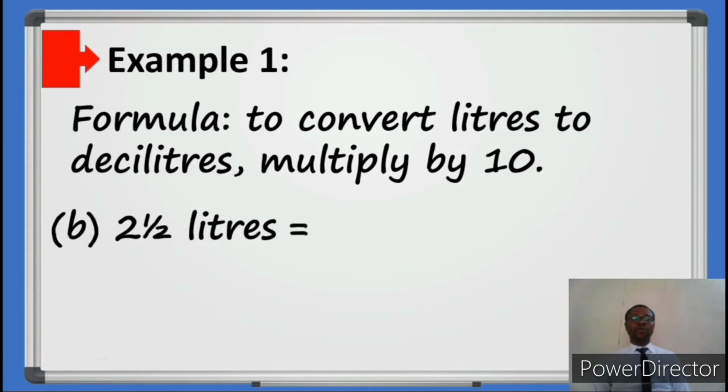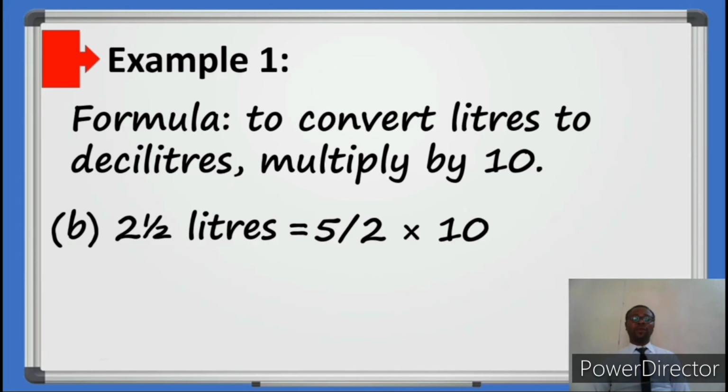For us to be able to convert these 2.5 liters to deciliter, first we convert this mixed number to improper fraction, and then we'll multiply by 10. So that is 5/2 times 10, because 2 whole number 1/2 is equal to 5/2.